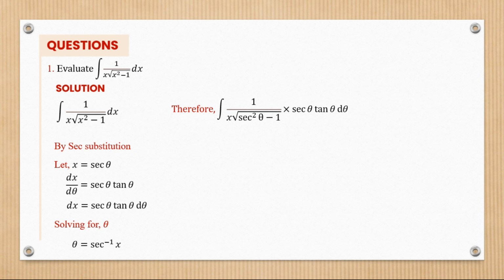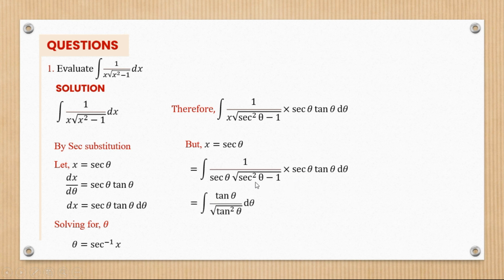Let's substitute that back into the integral. The integral will now become 1 over x times the root of sec squared theta minus 1, times sec theta tan theta d theta. We are still left with this other x value, which we need to change, but remember that x is sec theta. So that means we'll have 1 over sec theta times the root of sec squared theta minus 1, times sec theta tan theta d theta. Now the sec theta terms cancel, and I'll be left with tan theta over this.